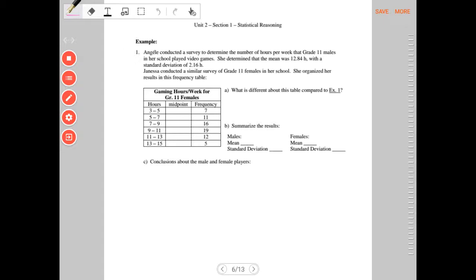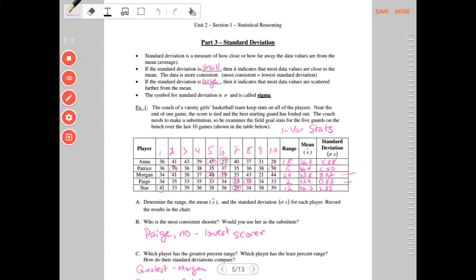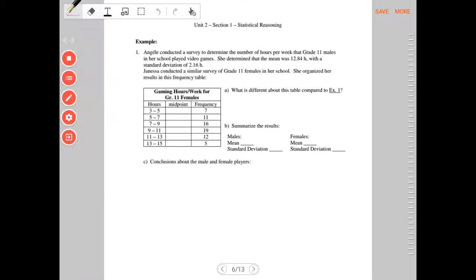Okay, so, what is different about this table compared to the one in the previous example? So if we take a look at this example over here, notice I have each of my players listed with all of their data. Those are called raw scores. Over here, however, you can see that the data has been organized into a frequency table.